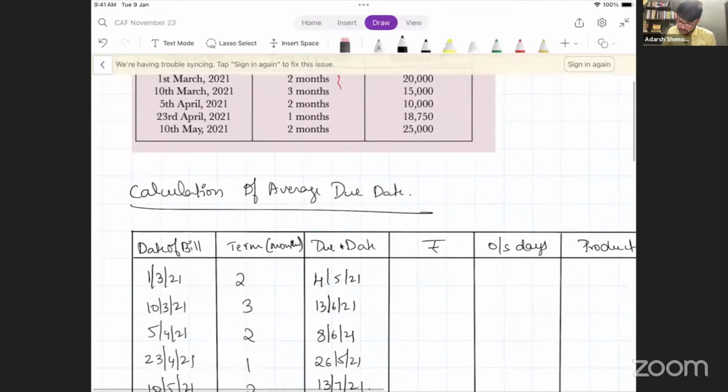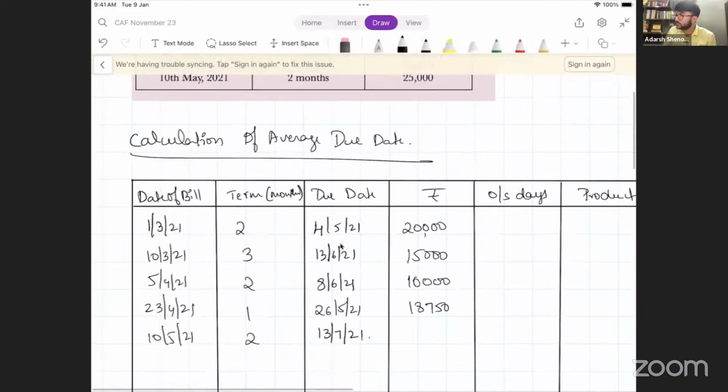Amounts again as it is, whatever is given, just copy paste it. 20,000, 15,000, 10,000, 18,750, 25,000.